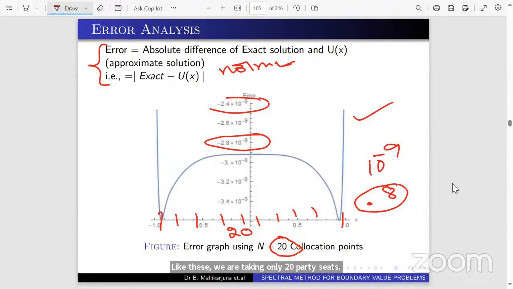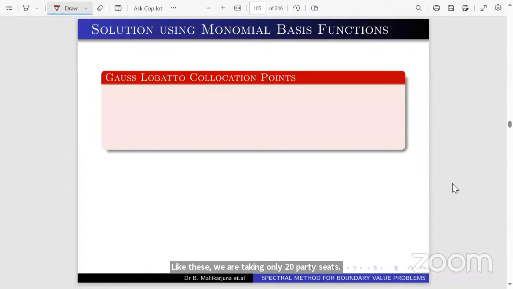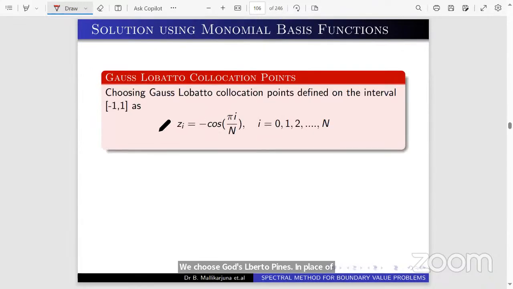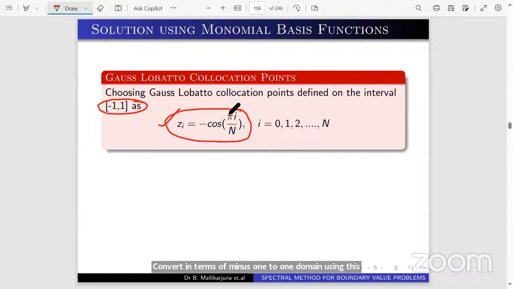Okay, suppose we choose Gauss-Lobatto points in place of equispaced points. This is the formula. Convert into the -1 to 1 domain using this function. It is just like transforming the coordinate system.